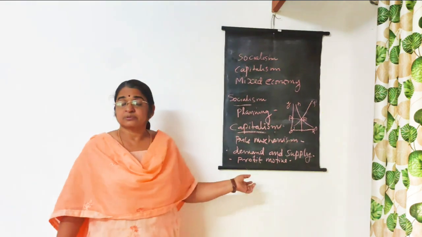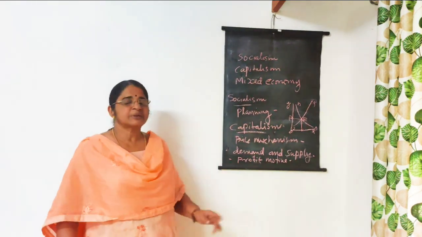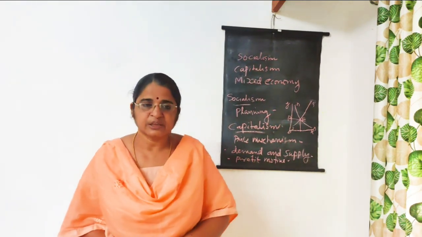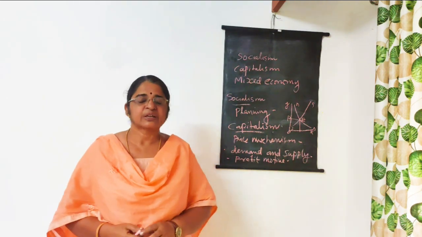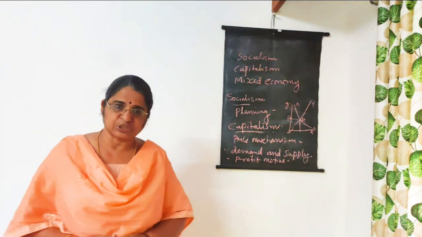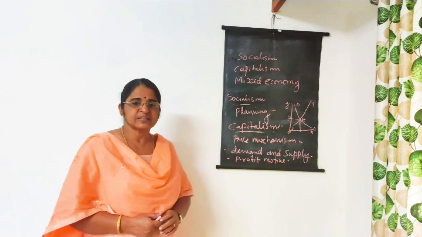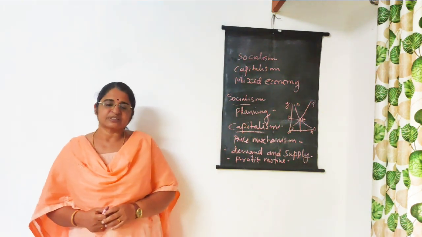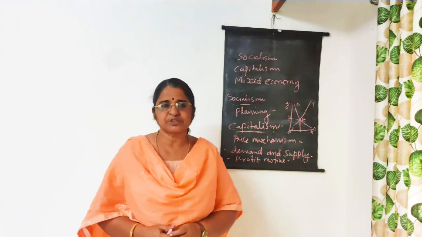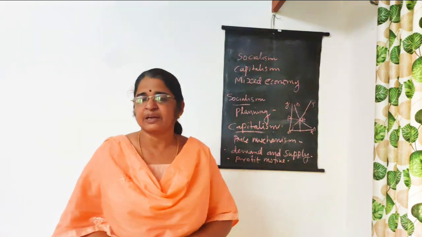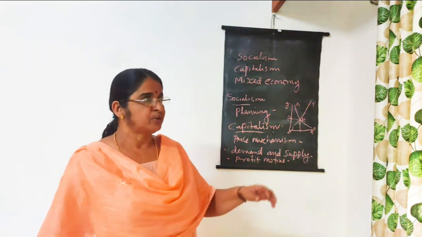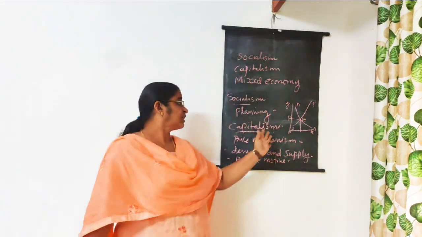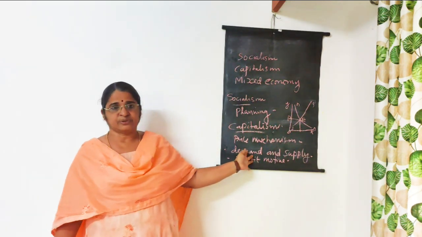Under mixed economy, we can see both the features of capitalism and socialism. So we can say that mixed economy is a mixture of or a combination of both capitalism and socialism. The aim of capitalist country is to make maximum profit.